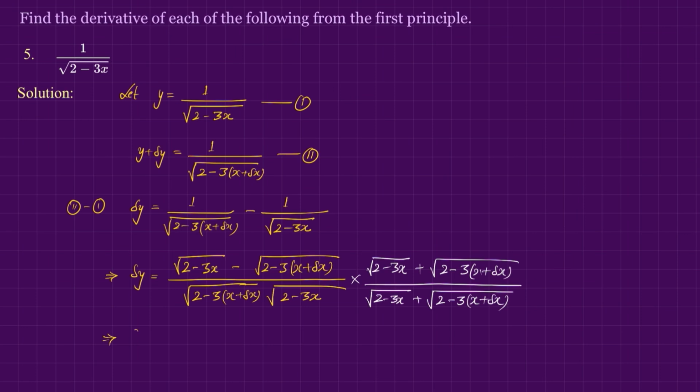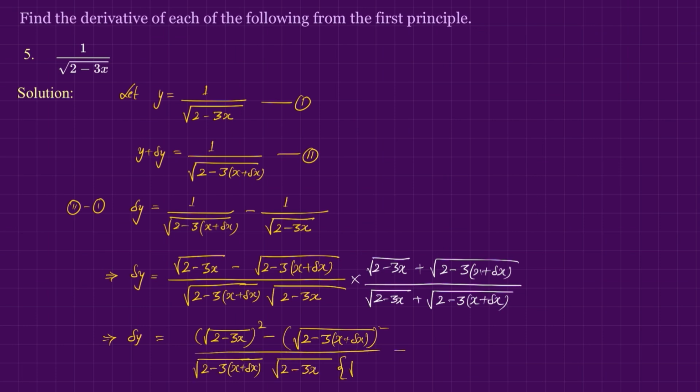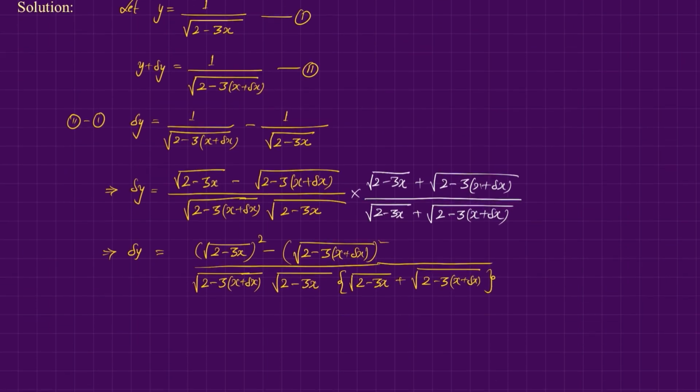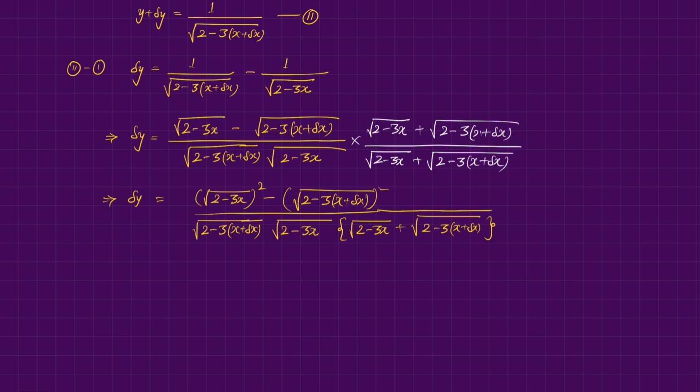So we will have del y equals root over 2 minus 3x whole square minus root over 2 minus 3 times x plus delta x whole square, and in denominator we have root over 2 minus 3x plus root over 2 minus 3 times x plus delta x. Okay, so in numerator, as you can see, we can cancel square root and square.